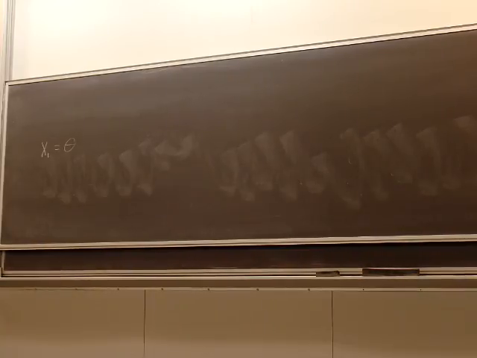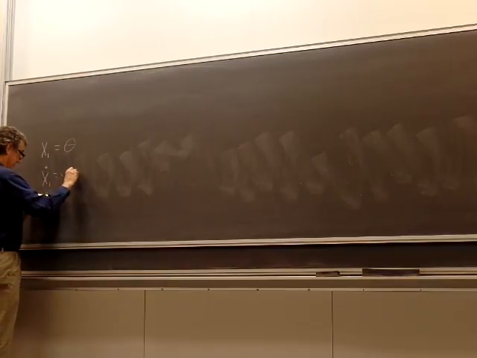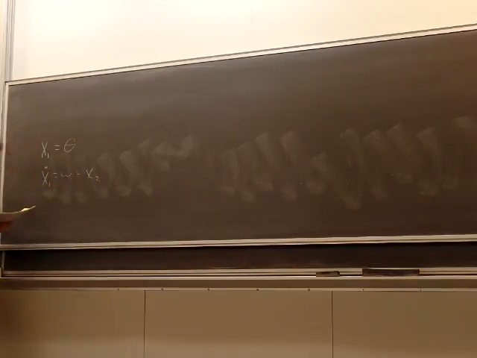So x1 dot is omega, which is x2. X2 dot is equal to, well, omega dot, and I have that here.